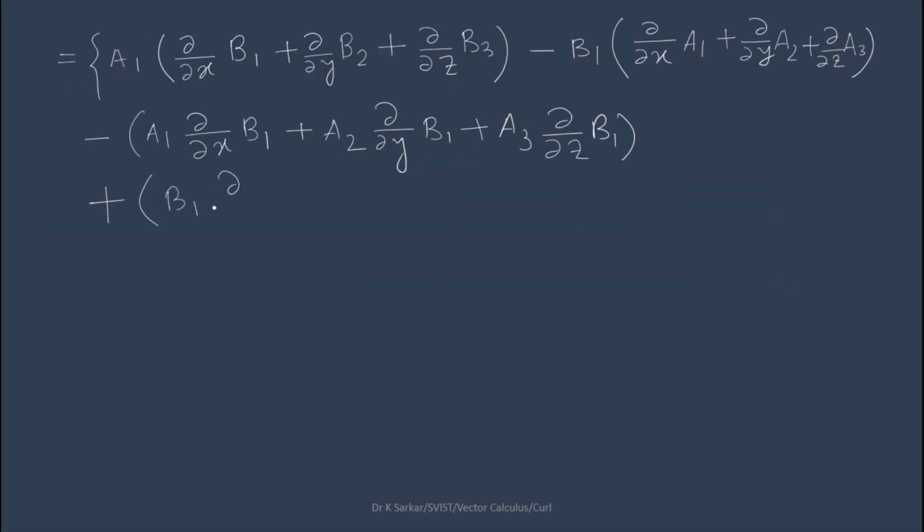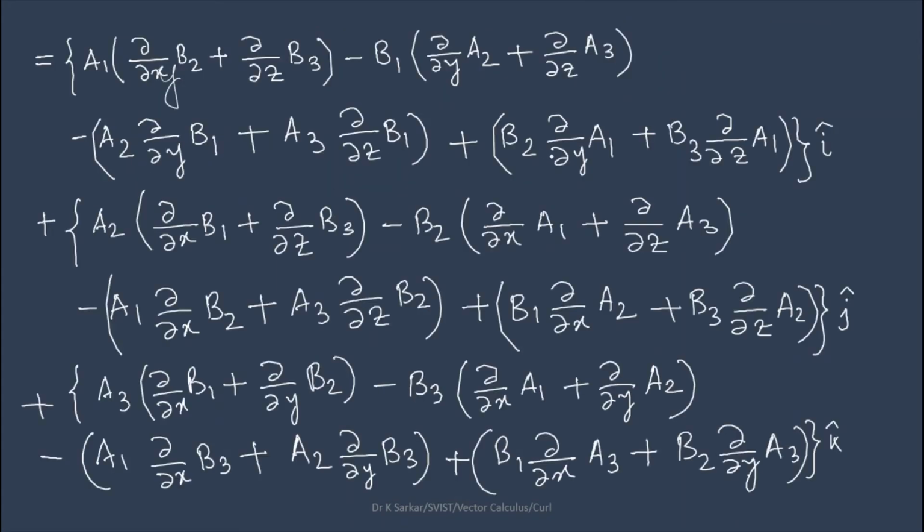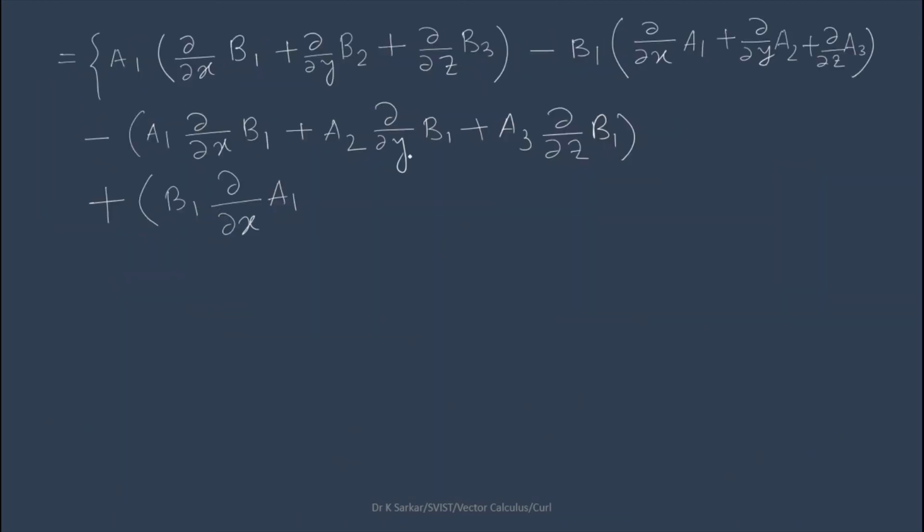The rest of the terms: b2 del y a1 plus b3 del z a1. So the i coefficients are completed. Now we have to add and subtract in the j coefficients.